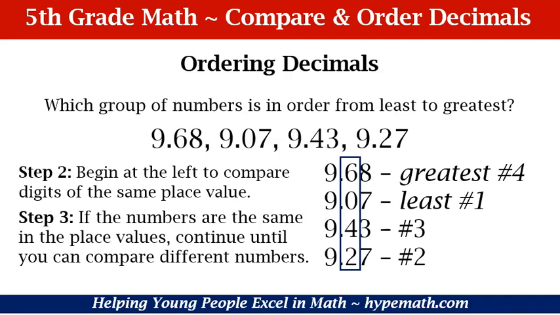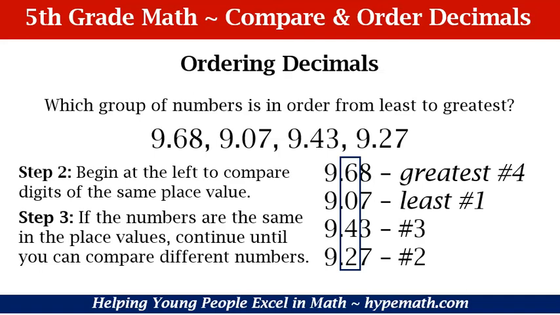The second thing we're going to do is start from the left to the right and compare the digits of the same place value. We notice that the ones place all have nines in the number, so we are going to move to the tenths place. We see in the tenths place there's a number that has a 6, a number that has a 0, a number that has a 4, and a number that has a 2. So from least to greatest, we know that 0 is the smallest.